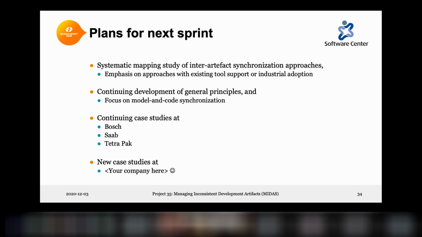Even though we have called the project Artefacts, inconsistent artifacts, just as a generic name to not have to say model and code all the time, we are very interested in model and code synchronization. And of course, the underlying idea, as introduced before, is to allow for more continuous integration and continuous development when using software and system models inside these continuous development loops.